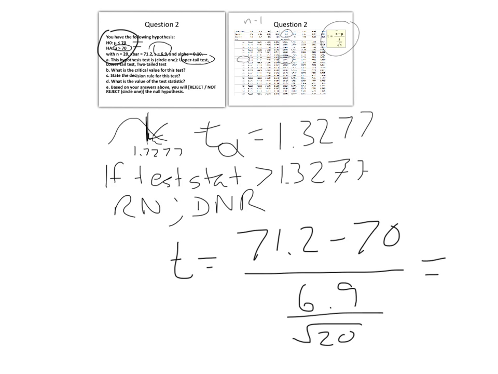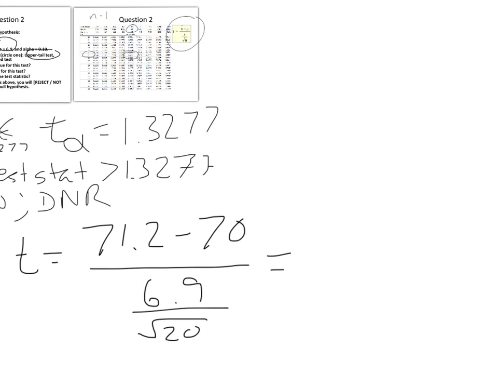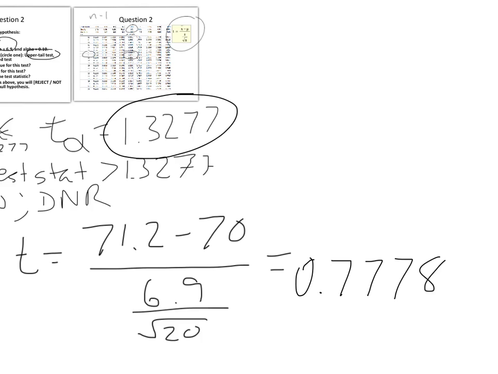And when I do that on the calculator, I get 0.7778, or you could round that up to 0.78. So that is the result of our test. So we set our rejection region using the t of alpha right here. Then we say anything above that, we will reject the null. Anything that's not in that rejection region, we will not reject the null.